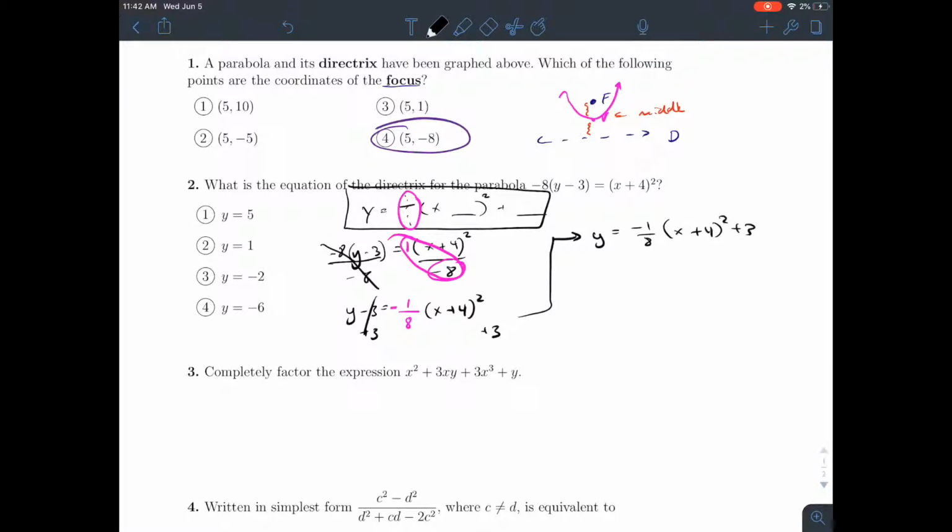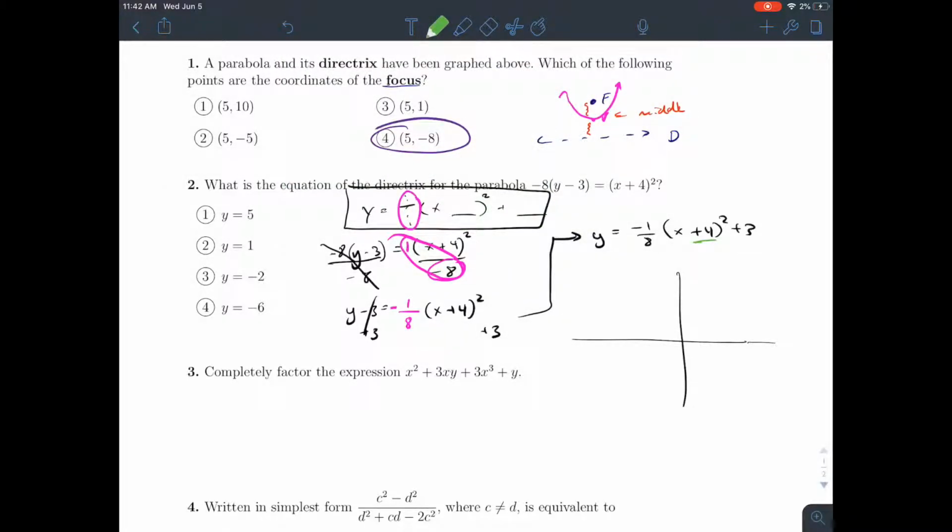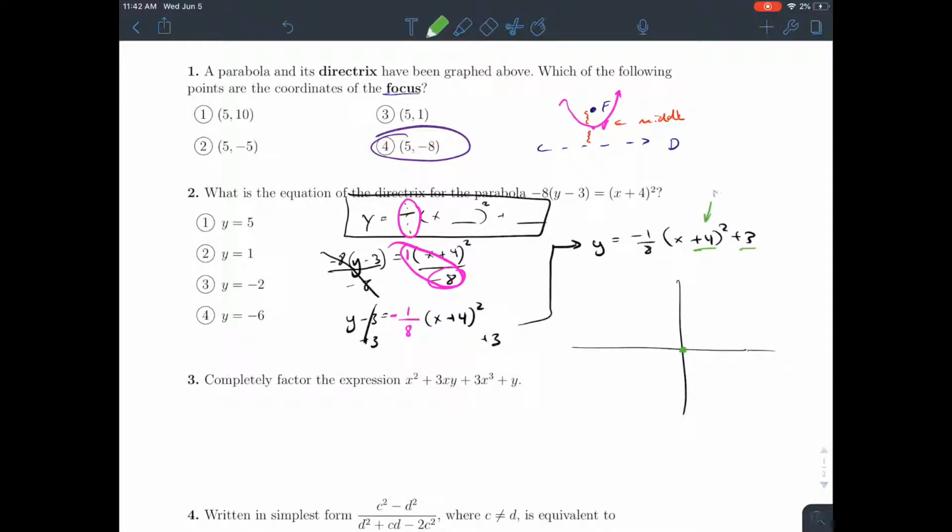So the answer to this problem isn't immediately evident. What we can do is we can draw a rough sketch of it. So the first thing that we want to sketch is the parabola. So we know the vertex of the parabola is going to be coming from these points. So usually a parabola has vertex at the origin. An inside transformation of +4 is going to shift it to the left, opposite what we expect, right?